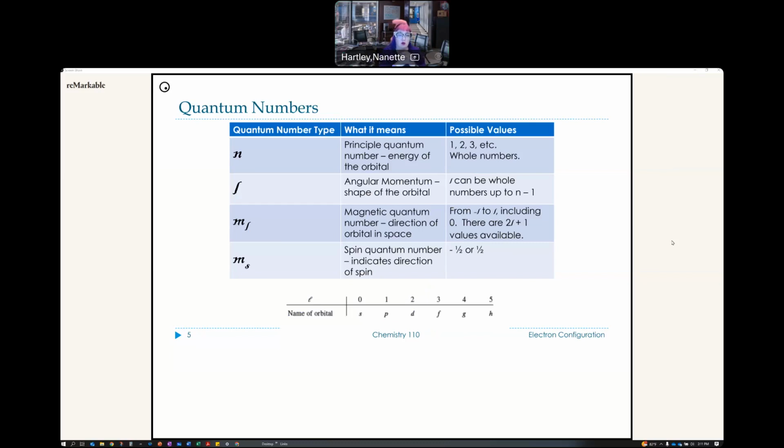Okay. Quantum numbers represent 4 numbers that are associated with any given electron. There are 4 quantum number types. There's an N, an L, an ML, and an MS. N is my principal quantum number. It's the energy of a given orbital.